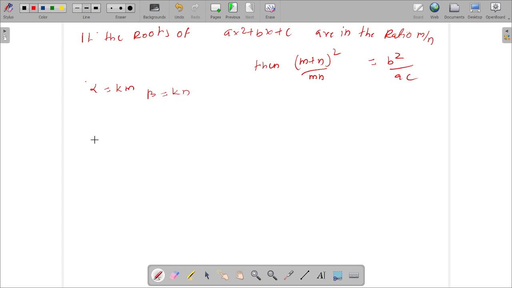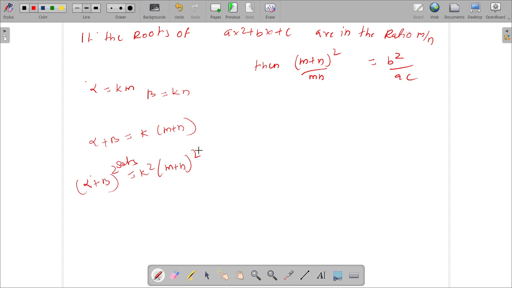And you can write alpha plus beta equals k into m plus n. Okay, na? Squaring on both sides, alpha plus beta whole square can be written as k square into m plus n whole square.